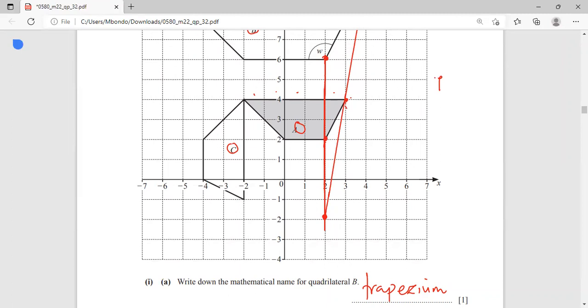If the size is the same, nothing has happened to the size, in most cases we look at rotation, translation, and reflection. So when you look at this one here, this is definitely a rotation.